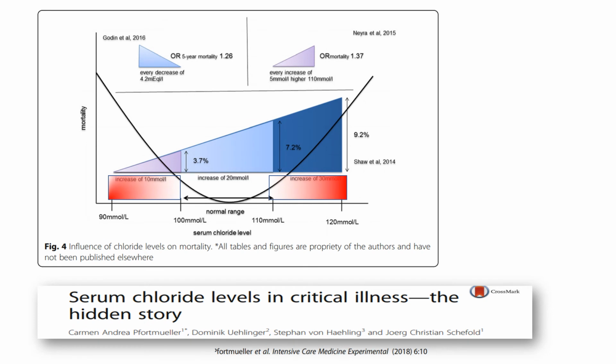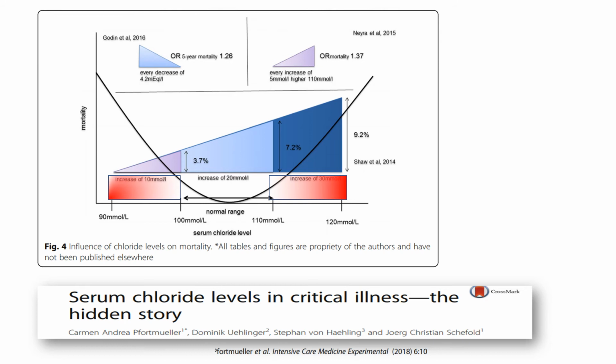And it has been seen that not only hyperchloremia but even hypochloremia increases the risk of mortality. This is a U-shaped curve, and here in this light blue is the normal chloride levels, beyond that is the hyperchloremia, and here in purple is hypochloremia.